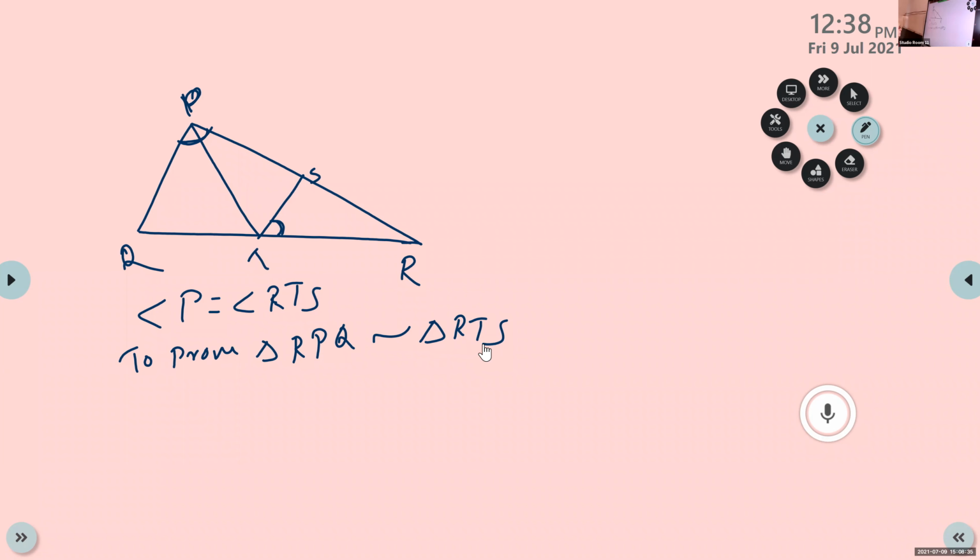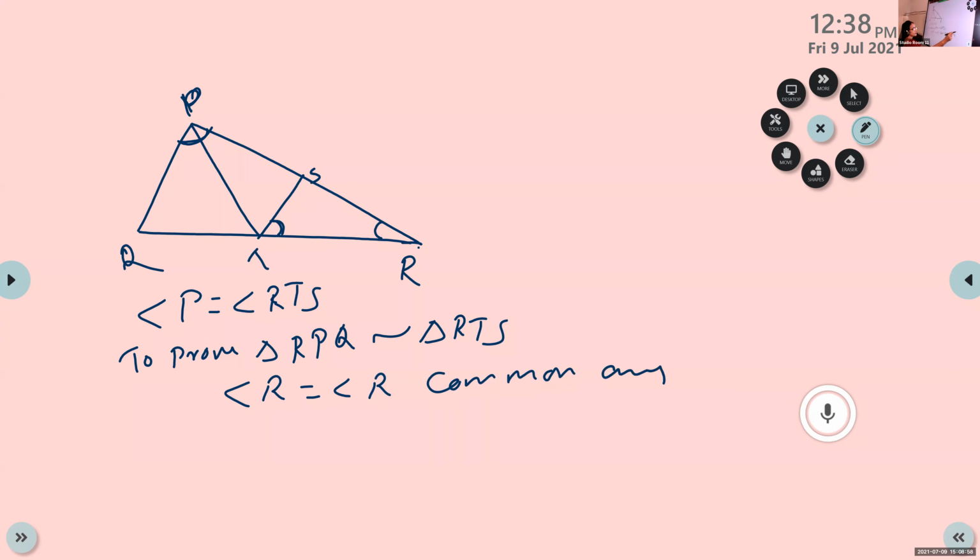Anybody think? No, nothing. Yes, Shania, say. R is common. Yes, R is a common angle. RPQ, R is a common angle. Again RTS, angle R equal to angle R. Common angle, correct?